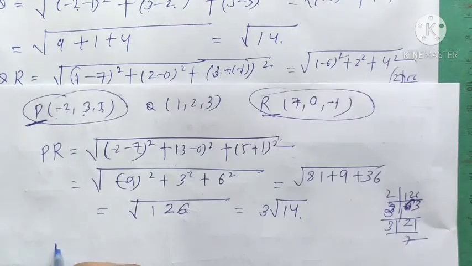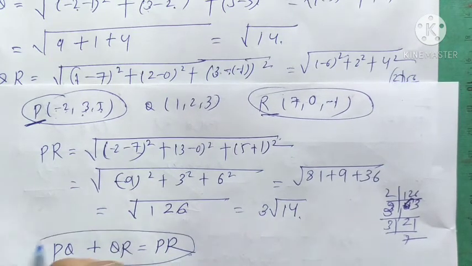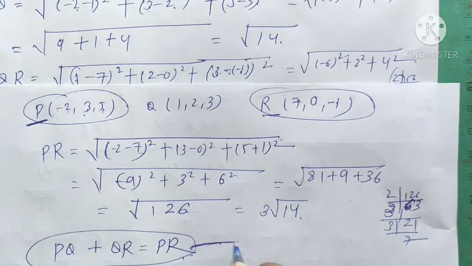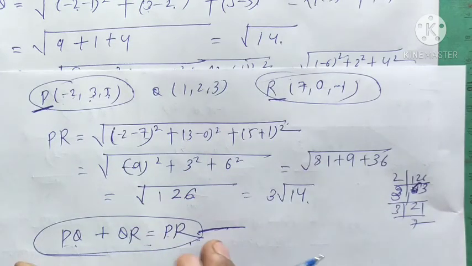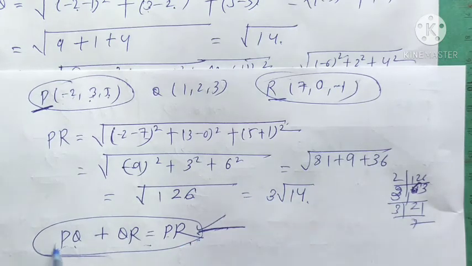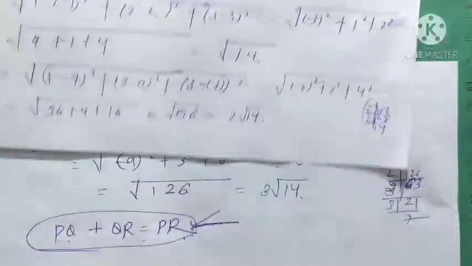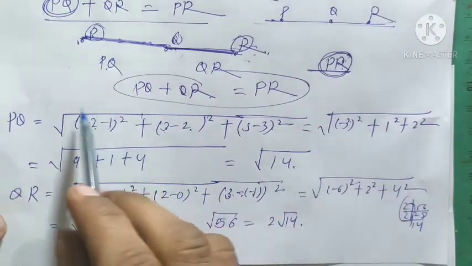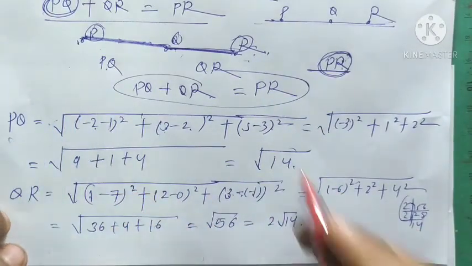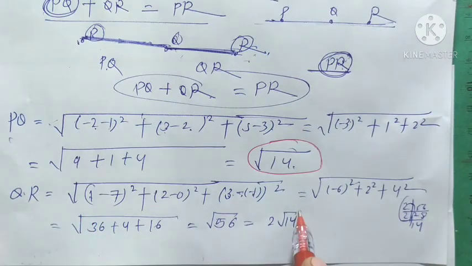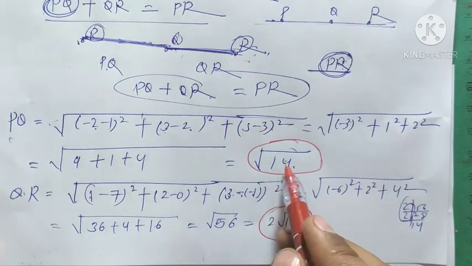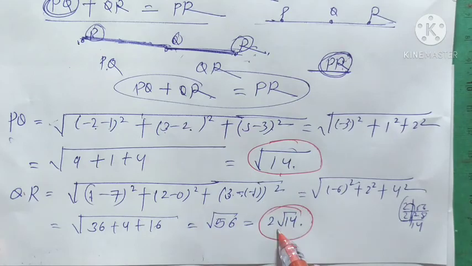So here PQ plus QR should be equal to PR. If after putting all the respective values here this relation is true, then we say that P, Q, R are collinear points. So now we put all these values here. Firstly we put the value of PQ. So what is the value of PQ? You can see that the value of PQ is under root 14, and the value of QR is 2 under root 14. So under root 14 plus 2 under root 14, finally it becomes 3 under root 14.